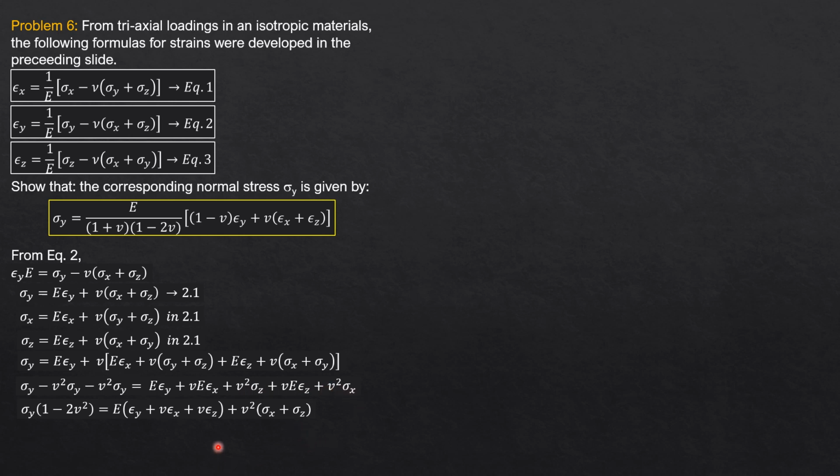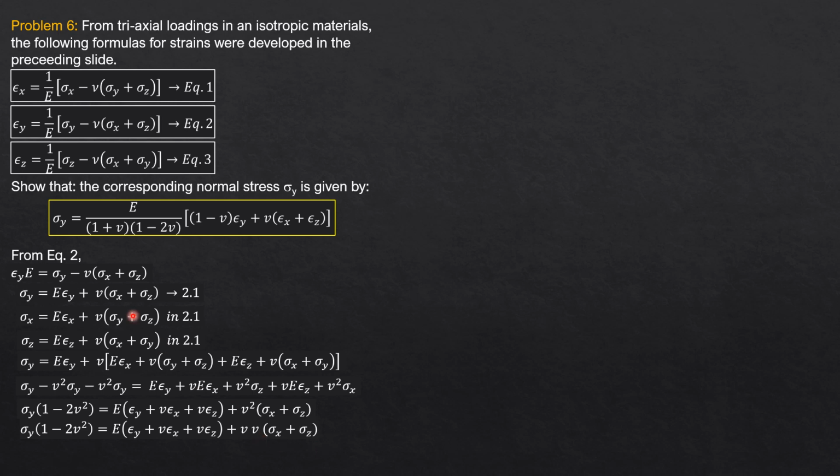So we break Poisson's ratio squared into Poisson's ratio times Poisson's ratio quantity sigma x plus sigma z in this manner.